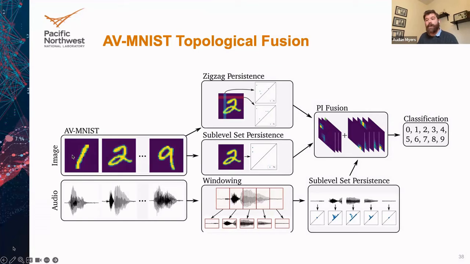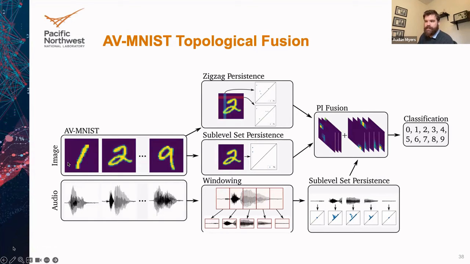This is where we have hand-drawn images of the numbers 1 through 9, and we're trying to classify those, but they're also paired with audio data, where someone is speaking the number. This is just kind of a toy example. The actual applications are much more useful, but we want to fuse this data to improve classification accuracy.